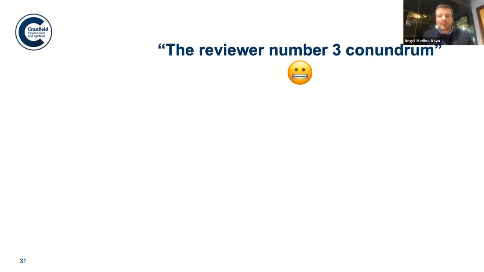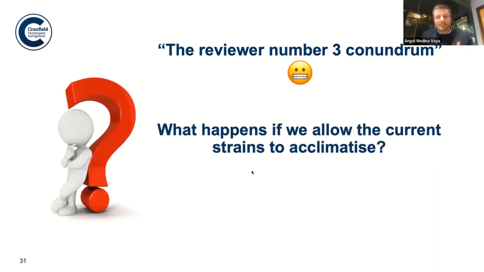And then we looked at possibilities and at what other colleagues were doing, and they were acclimatizing the strains. So what does acclimatizing the strains mean, and what will happen if we acclimatize those strains?